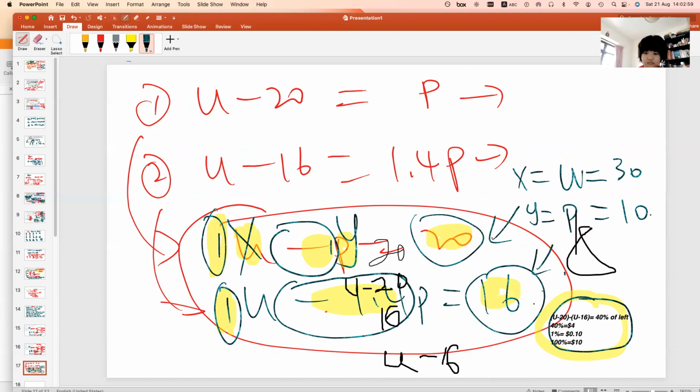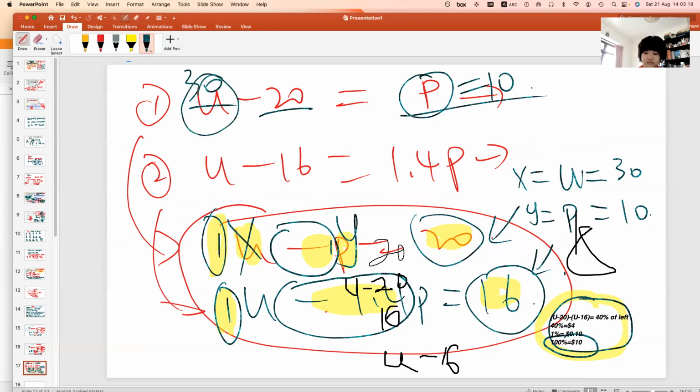I want to make use of that. So can you see this 100% is 10? Once you get 10 here, can you see your U equals to 30? Because 30 minus 20 is 10. The question asks for U, remember. So you don't stop at 10.